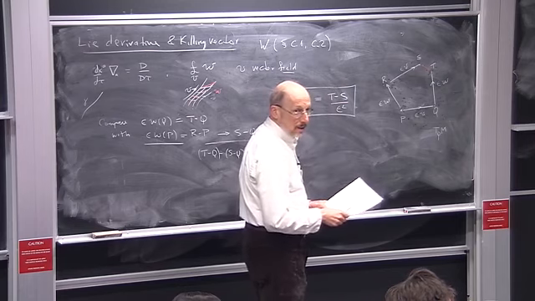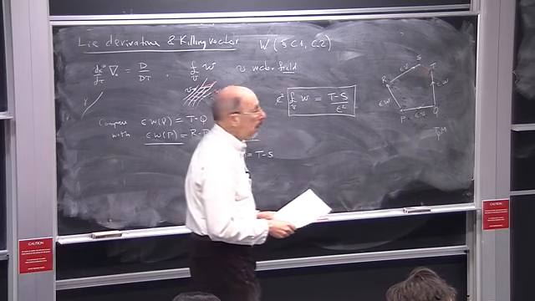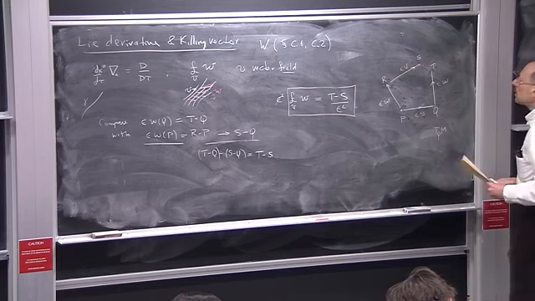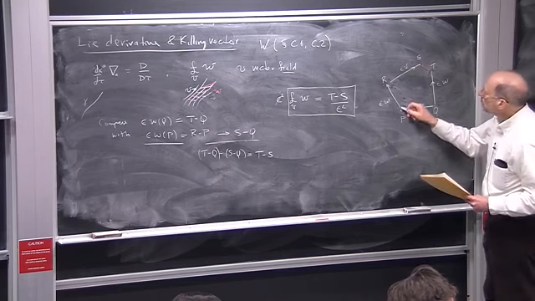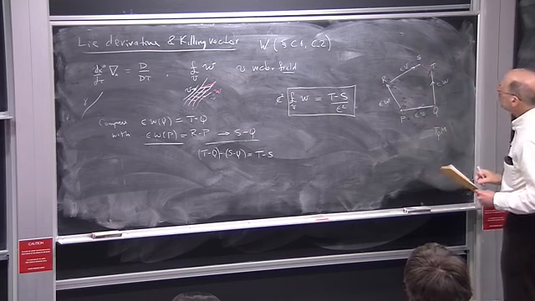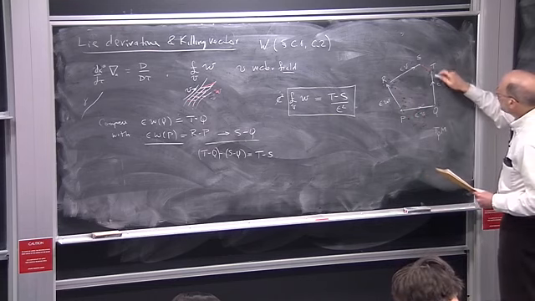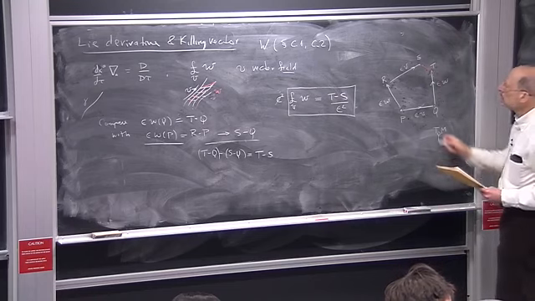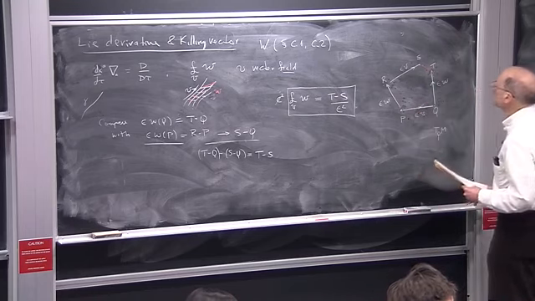Yeah? No, no chart was needed because these are infinitesimal displacements in the manifold. So you see, these T and Q are points of the manifold, and P and R are also points of the manifold.